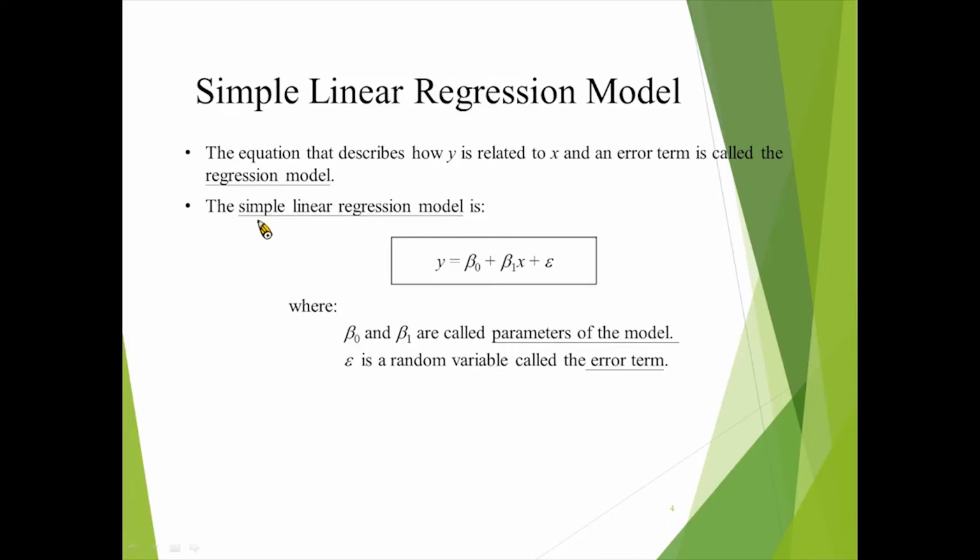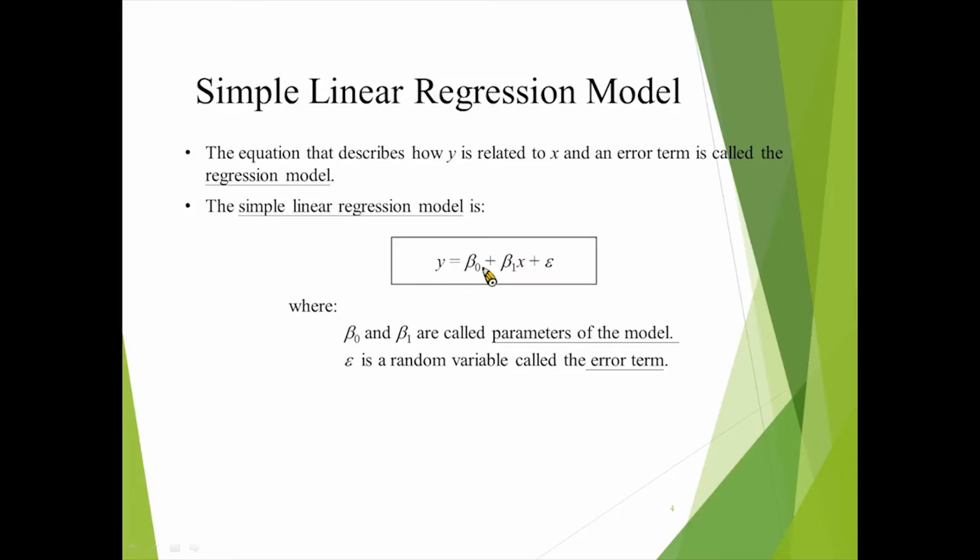The simple linear regression model is y equals beta 0 plus beta 1 x plus epsilon, called the error term, where beta 0 and beta 1 are called the parameters of the model, and epsilon is a random variable called the error term. So this is simple linear regression, with just one independent variable and one dependent variable.